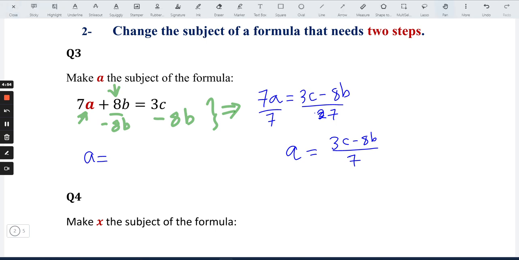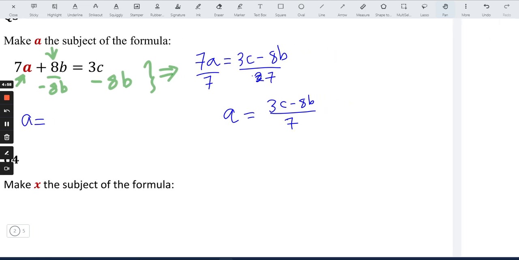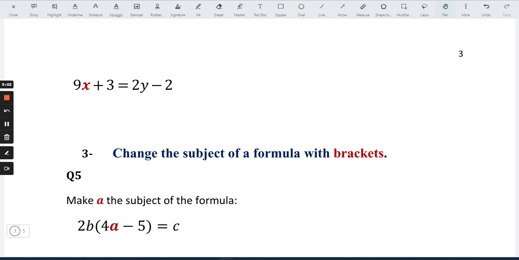Another question, let's do question 4. Make X the subject of the formula. Here we have 9x plus 3 equals 2y minus 2. So they need x to be the subject of the formula. As you can see, in front of x is 9, that means 9 times x, plus 3.